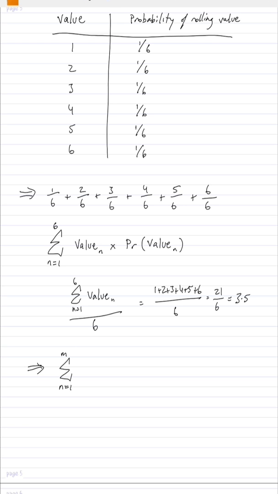So it could be n equals 1 to infinity. It could be up to 50, depending on how many values you have, of our value, which we'll call x subscript n, multiplied, and I'm just using the dot in this particular case to show multiplication, the probability of xn.